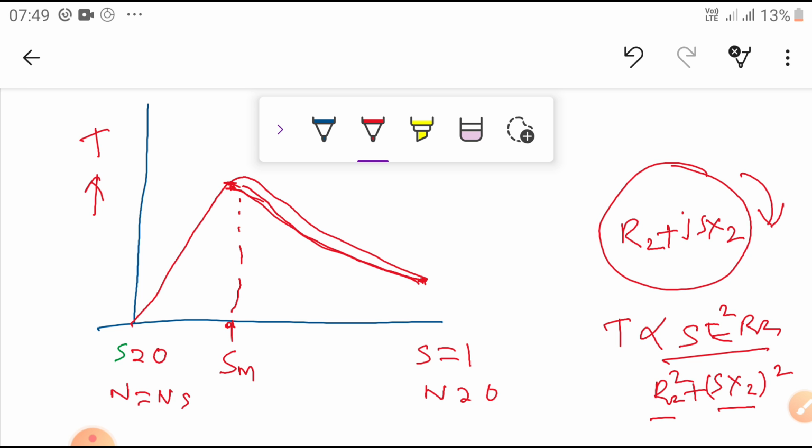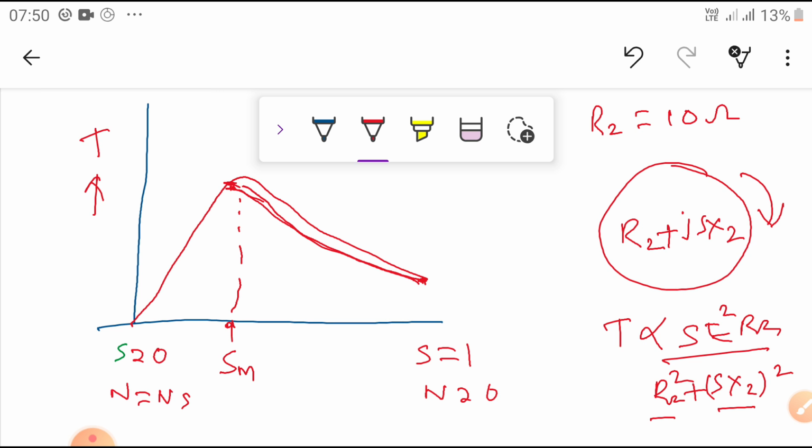Now in this case, take the rotor resistance R2, for example 10 ohms. In a slip ring induction motor, it is possible to add resistance in the rotor circuit.